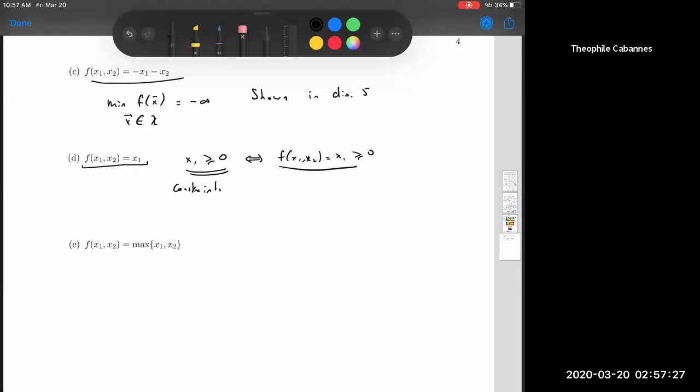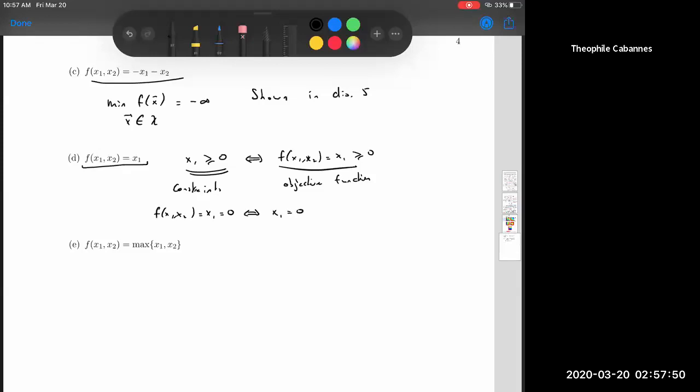And this is just like an objective function. And now if you want it to be equal to 0, this is equivalent to x1 is equal to 0.